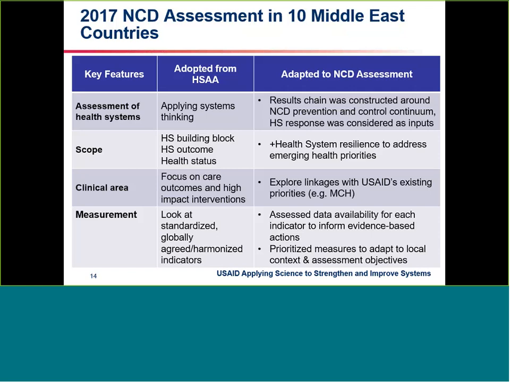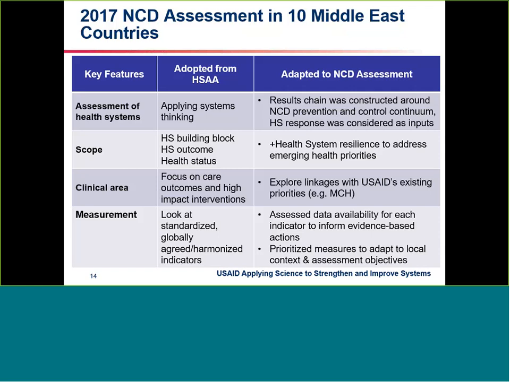Similar to HSAA, we assessed health system building blocks and care outcomes, but in addition to that, considering the context of emergencies in the Middle East, we assessed health system resilience in Middle East focus countries to address emerging health priorities. In terms of content area, NCDs were chosen considering emerging disease burden and premature mortality in the region, but we also explored linkages with USAID's existing health priorities.